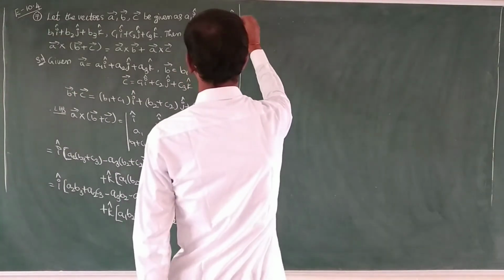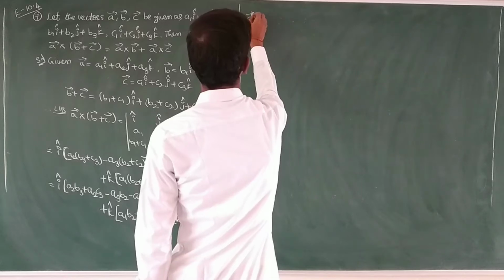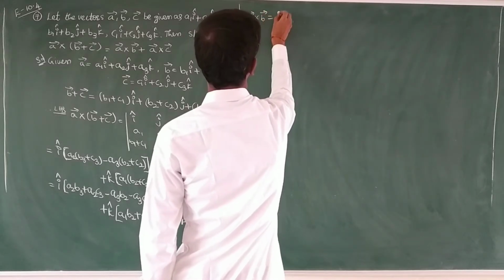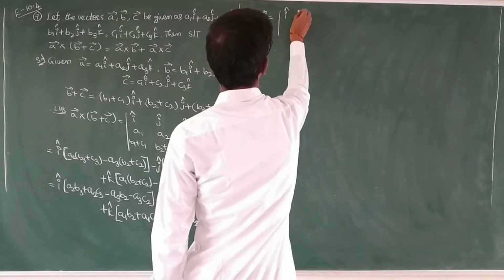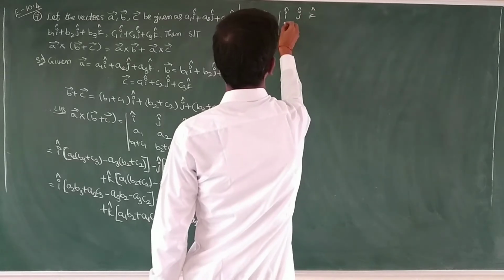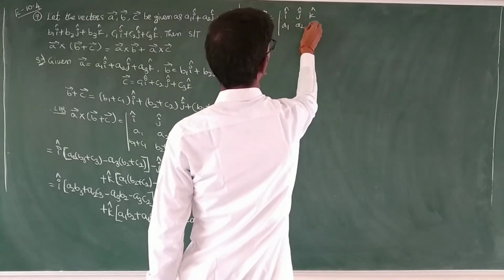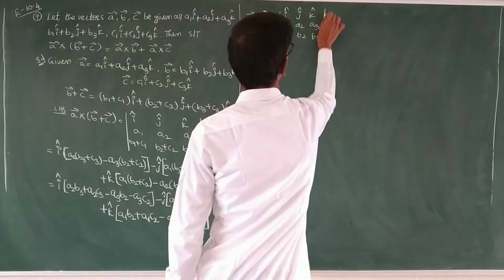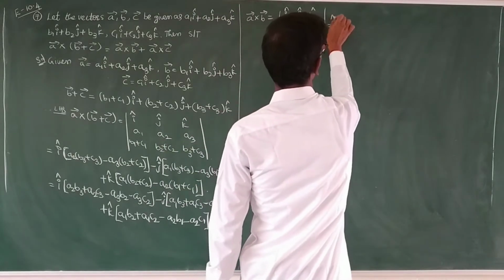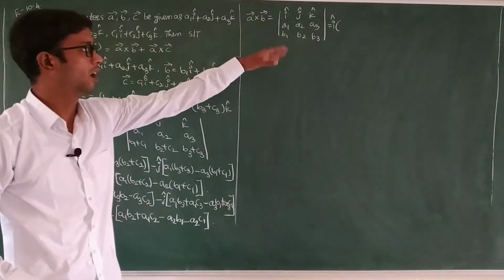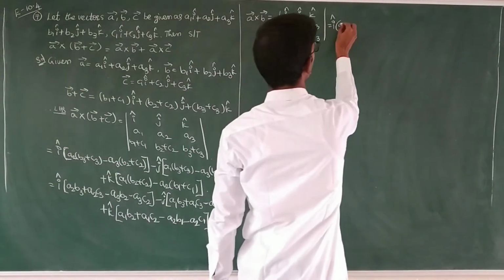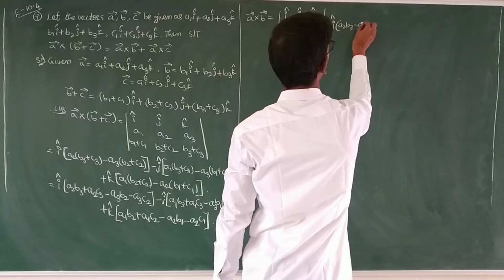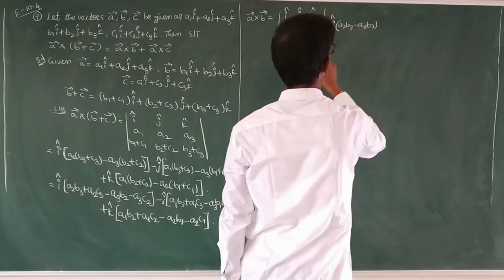Next, RHS part purpose, A bar cross B bar I find first. i cap, j cap, k cap, A1, A2, A3, B1, B2, B3. Simplify this one. So i cap into A2 B3 minus A3 B2.